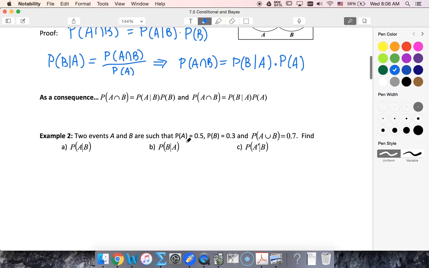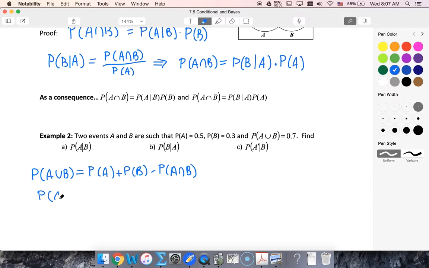So if I have probability of A is 0.5, probability of B is 0.3, and the union is 0.7. So I know from my addition law that the union is probability of A plus probability of B minus the probability of the intersection.